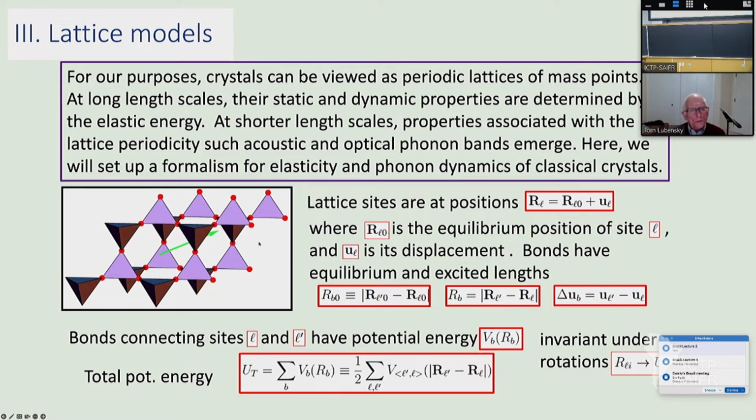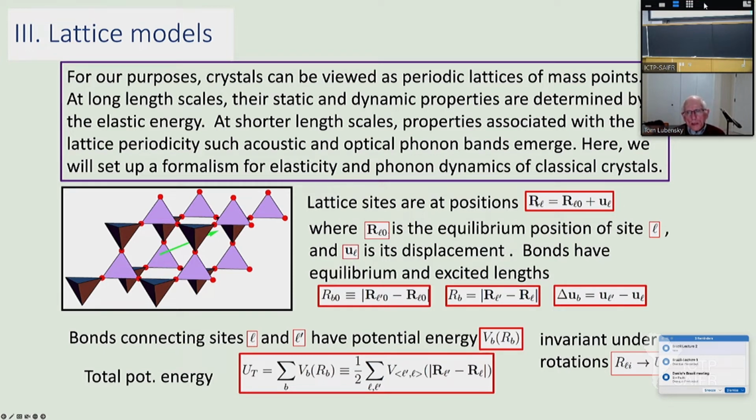Mostly we're going to be looking at periodic lattices, but the l here can represent sites on a random lattice, a model for glasses and isostatic systems and so forth.